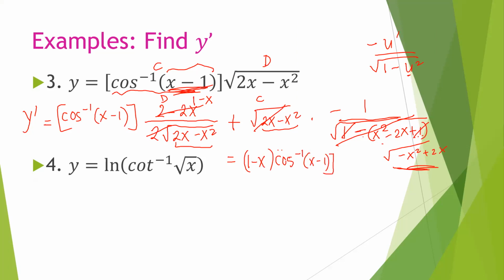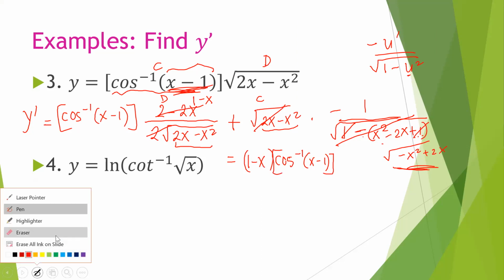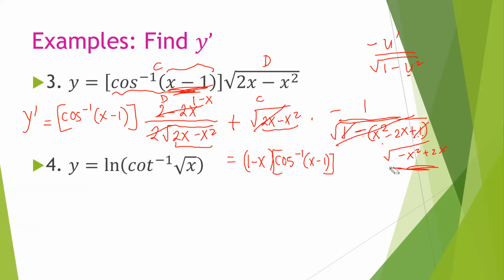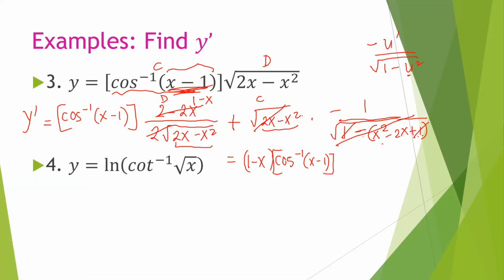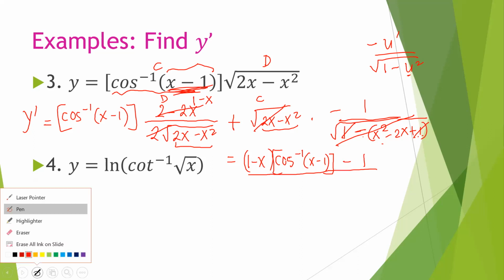Sana magkasya. Let me erase my scratch work. Okay. And then plus 1 plus supposedly plus negative 1. So let's just have minus 1 all over. Wala na pala. Sorry for that. Kasi nga ay product rule.